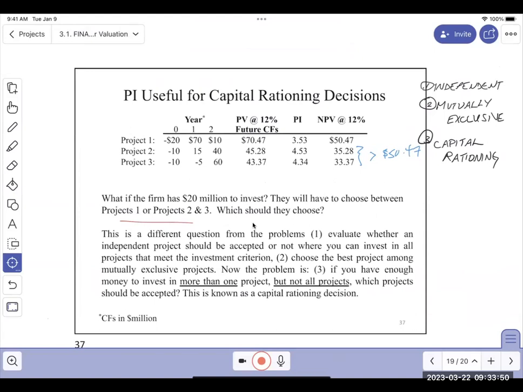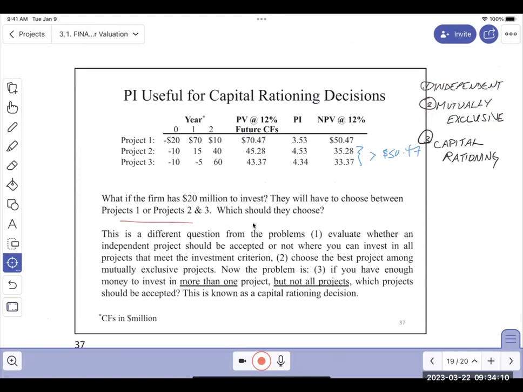Now, keeping in mind, there are actually 3 types of project analysis that I mentioned at the beginning of this unit. There's independent project analysis, where you use a rule to check if a project is feasible. There's mutually exclusive project analysis, where you can only pick one.